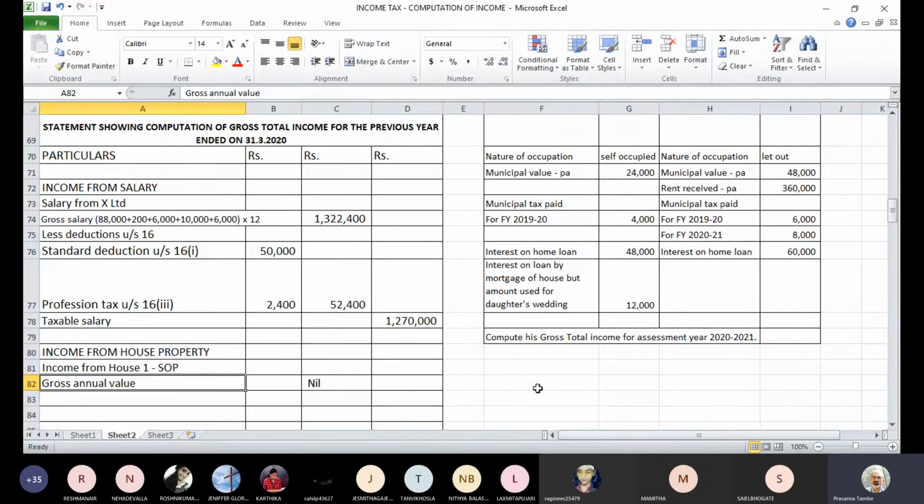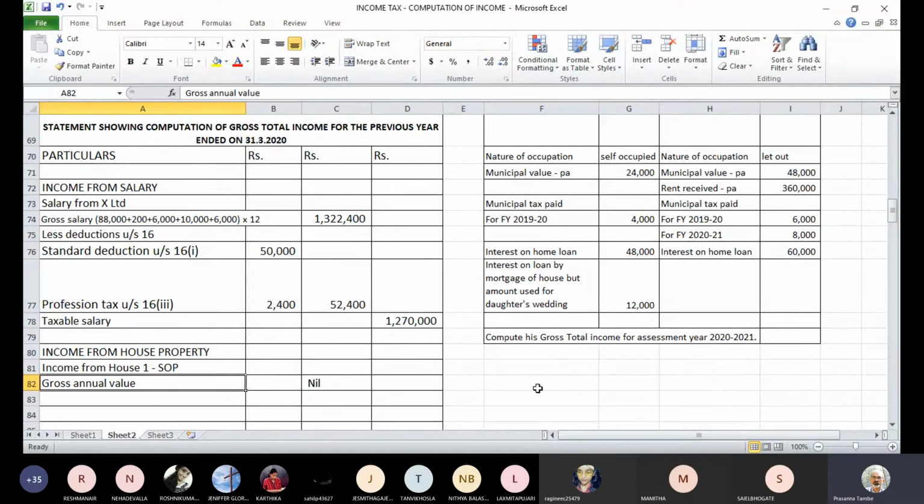Then you are given that he has paid municipal taxes for 19-20, which amounted to 4,000 rupees. As all of you know, in case of a self-occupied property, we cannot claim any deduction for municipal tax. So we have to ignore this information.